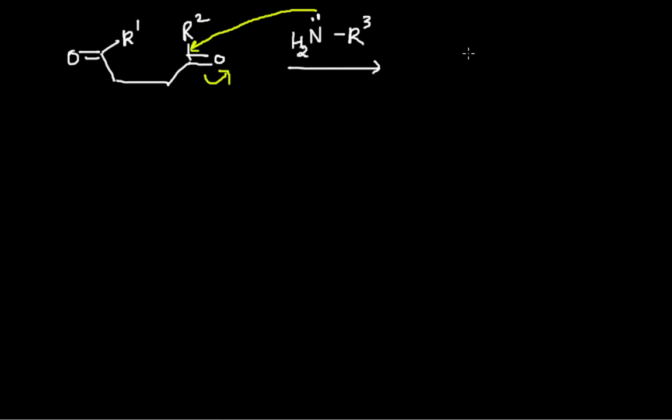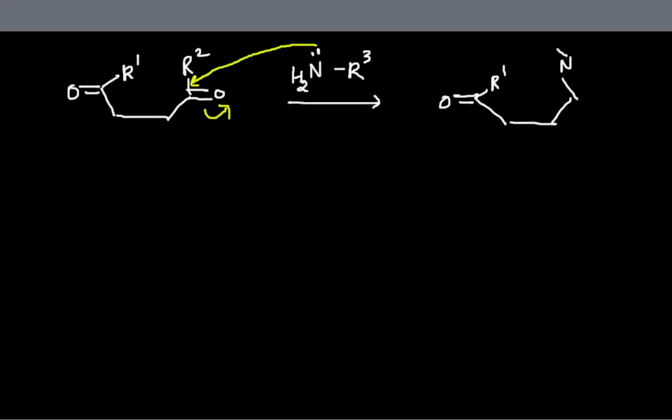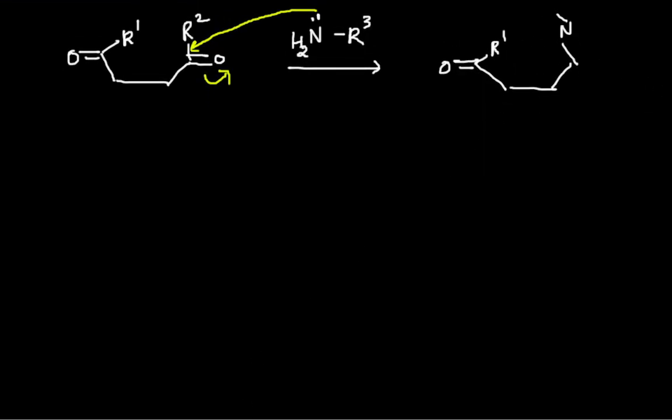Very simple. You just need to get a knack of a few things. What is happening? So this is ammonium, here, H R3 H. This is ammonium R2 and O minus.